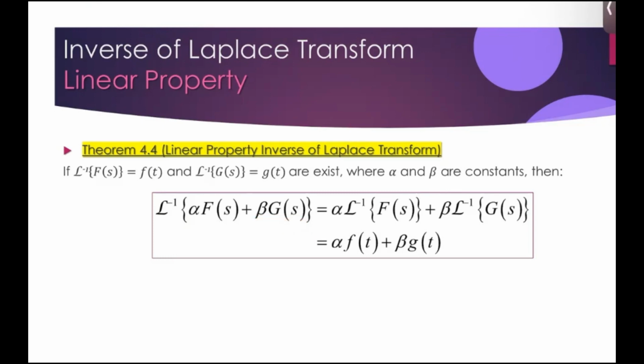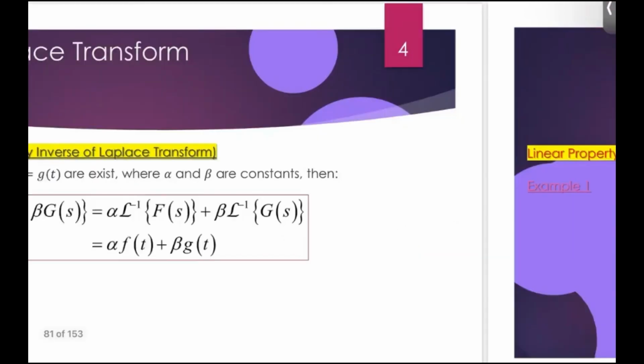What you need to do is put alpha outside and then find the inverse of F(s). The inverse of F(s) is f(t), so alpha multiply f(t), you get alpha f(t). Same goes for beta. You can put beta outside, multiplied by the inverse Laplace of G(s), where the inverse of G(s) is g(t). So beta times g(t). So that is the linear property of inverse Laplace transform.